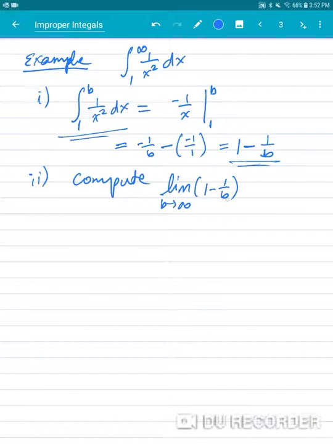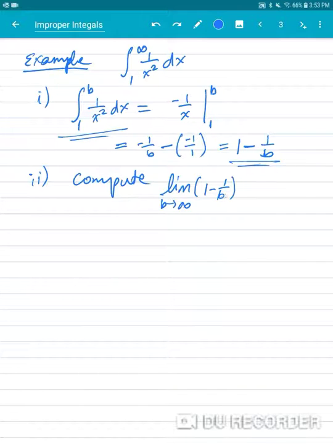Well, if b gets larger and larger, let's say b was 10. If b is 10, this is 1 over 10. That's 0.1. Well, the 1 has nothing to do with b, so it stays as 1. So I'm not worried about that number. I'm worried about 1 over b. All right, so if b is 100, this is 1 over 100.